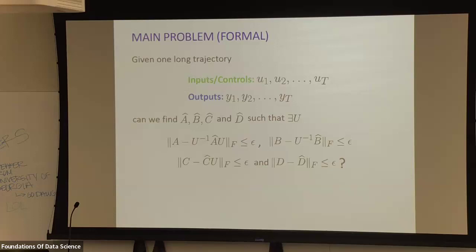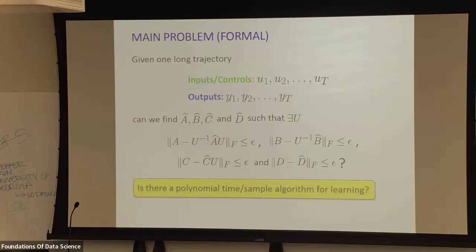And you could ask for tighter rates, and that would depend on how you choose the norm to measure closeness. But here we have a very big open problem already, which is shockingly, despite the fact that this has been studied for 50 years, it's not just that I don't know an algorithm. I don't actually know sample complexity guarantees that are polynomial in all of the relevant parameters.